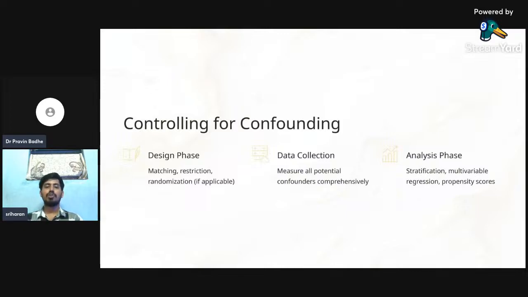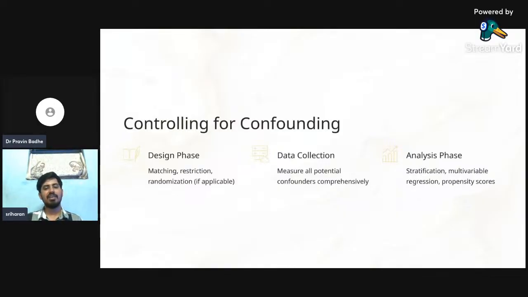So we control confounding using these design-phase methods. First, matching. While doing the research, we match the population according to age, sex, gender, and restrict. If you restrict the population to 40 to 60, you include only patients aged 40 to 60. Other patients are restricted from the study.